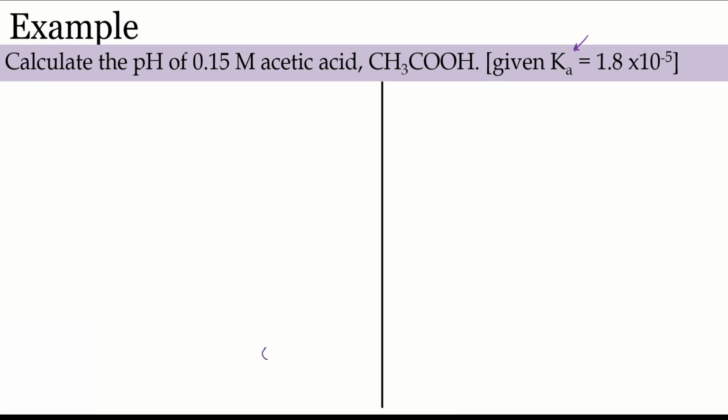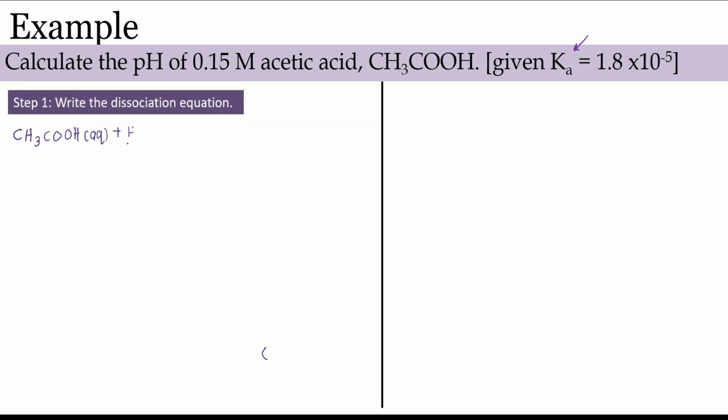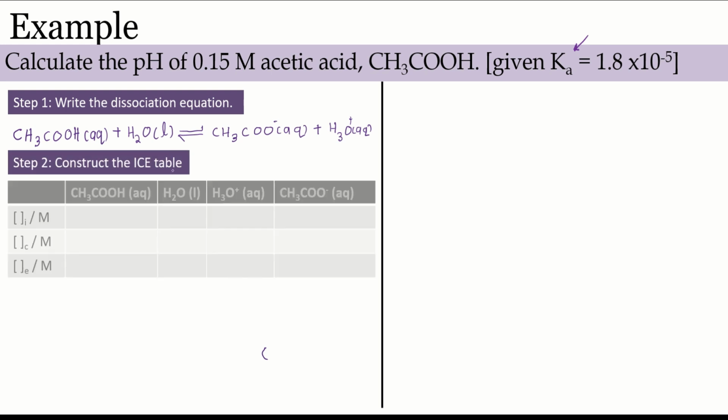Okay, so the first thing that we have to do is we have to write the equation. Okay, mesti tahu tulis dissociation of acid. Okay, you have to know here, H akan hilang daripada acid kita untuk menghasilkan H3O+. Okay, mesti tahu tulis equation dulu. Step yang berikutnya, kita akan construct kita punya ice table.